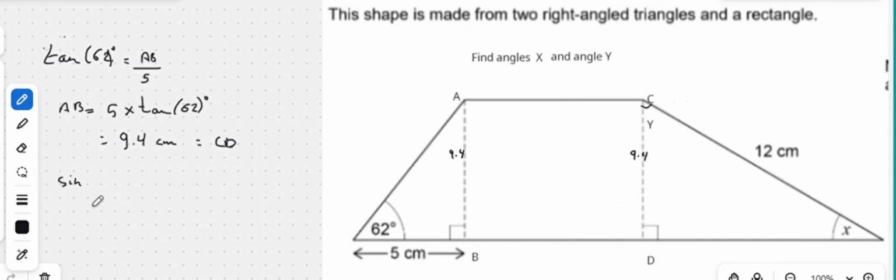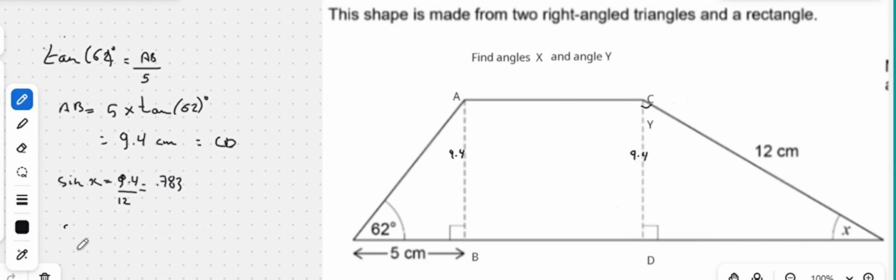So we write sine of the angle x equals the opposite, which is 9.4, divided by 12, the hypotenuse. The answer would be 0.783.